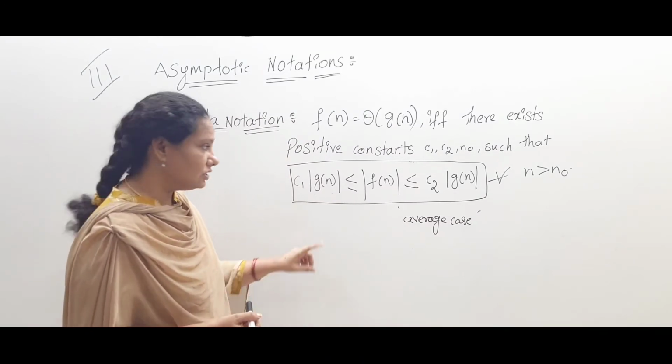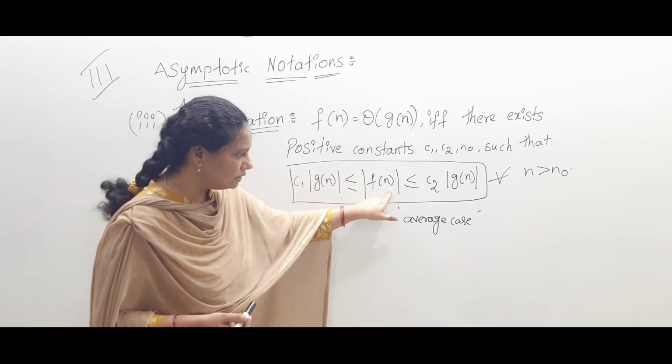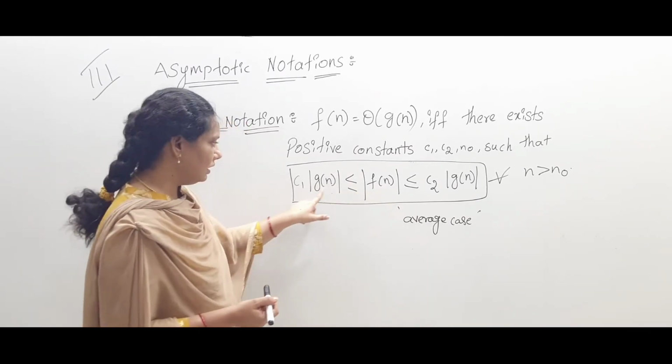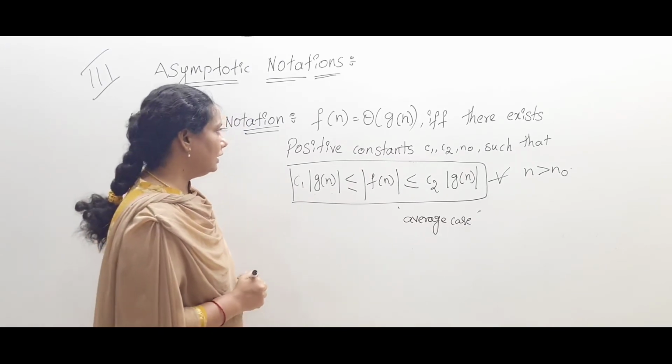Okay, average case. Again same, n is equal to number of inputs, f of n is equal to posterior testing, g of n is equal to prior analysis. No change in that. Now what it implies?